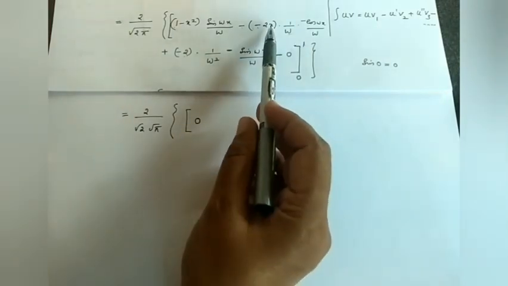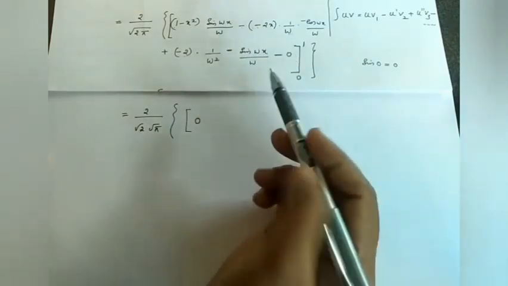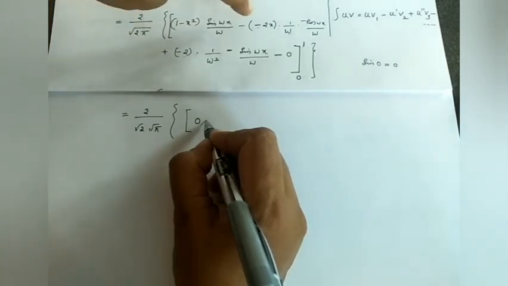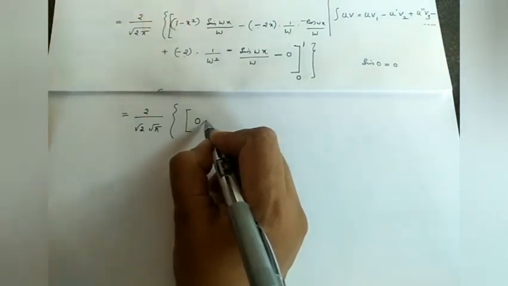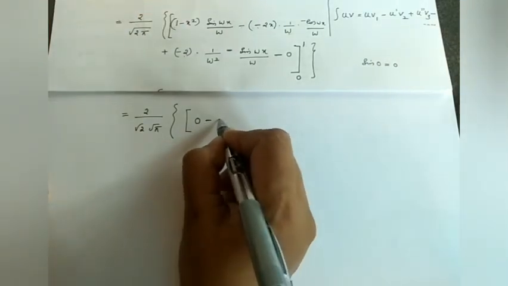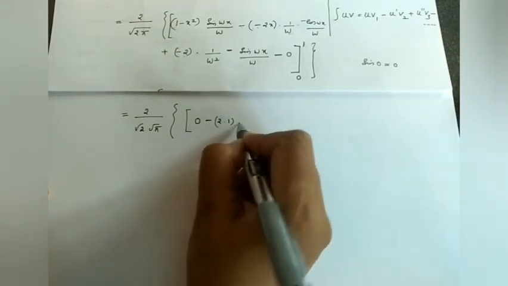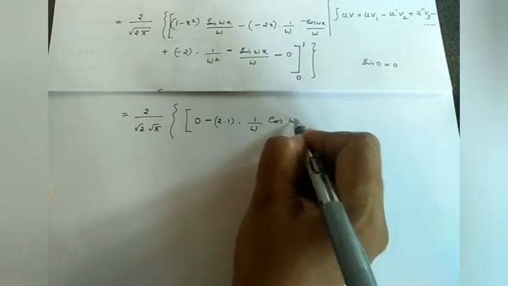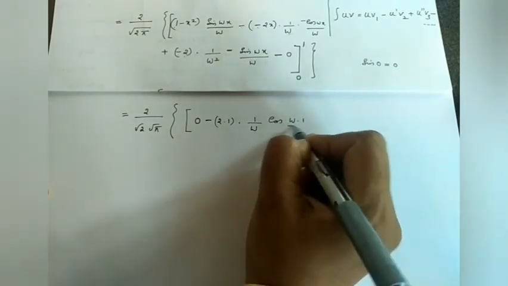For the second term we have 2 into x, that is 2 into 1. Here we have minus into minus is plus, then a minus sign. Therefore minus 2 into 1 into 1 by omega, then we have cos omega into 1 by omega.